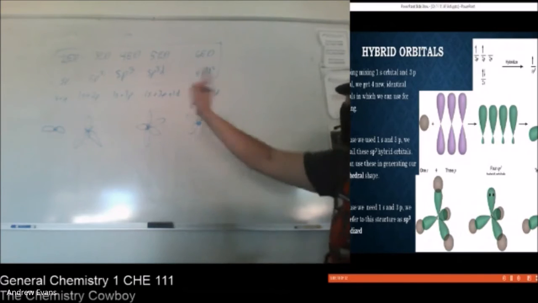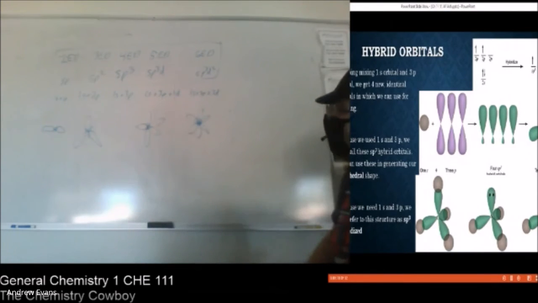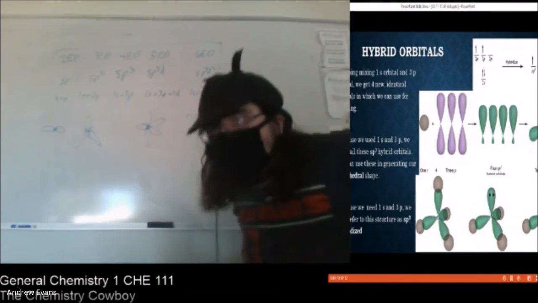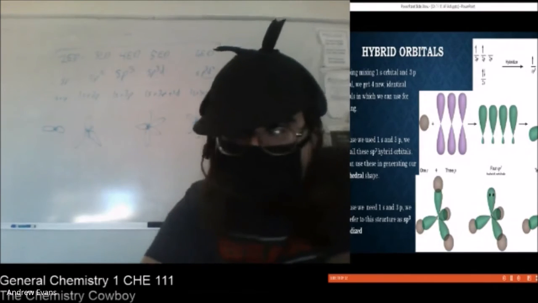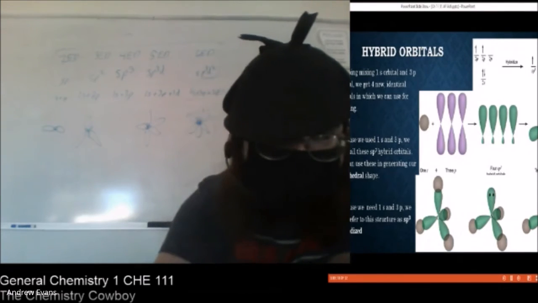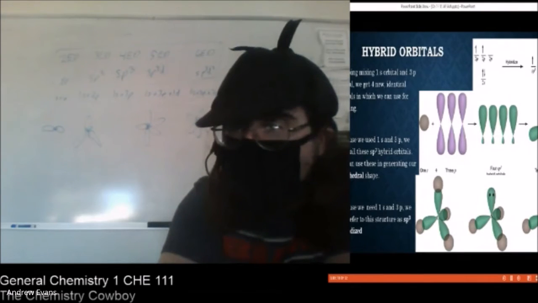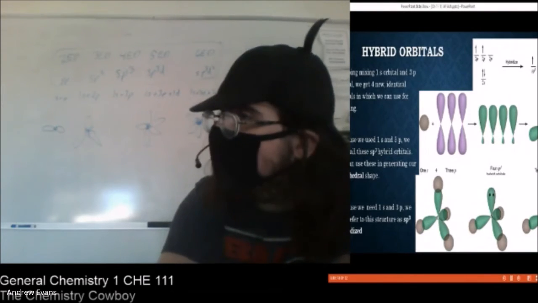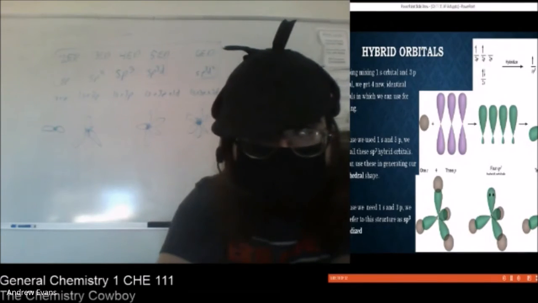So 2 electron domains, we're going to have sp. 3, we're going to have sp2. 4, sp3. 5, sp3d. And 6, sp3d2. More often than not, we'll only see the first 3 dealt with.